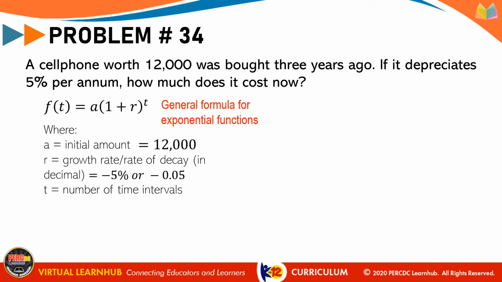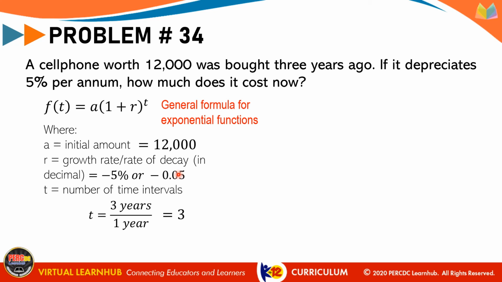So why is this negative? Because based on our problem, it states that the amount depreciates, or in other words, decreases by 5% per year. Therefore, if the rate is decreasing, we use negative. And for our number of time intervals for 3 years, that is 3 years over 1 year, becomes 3.